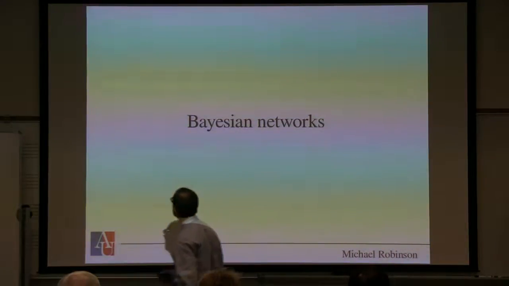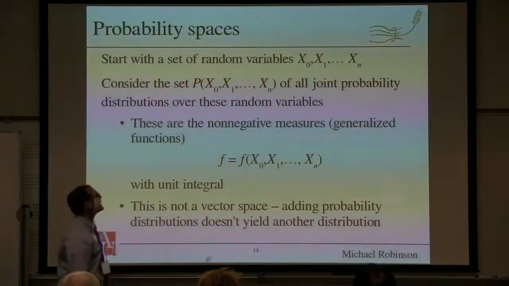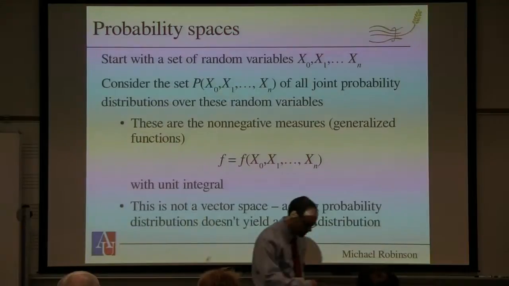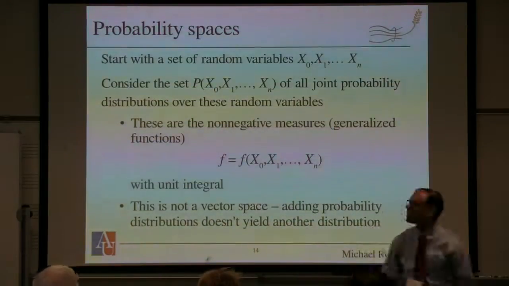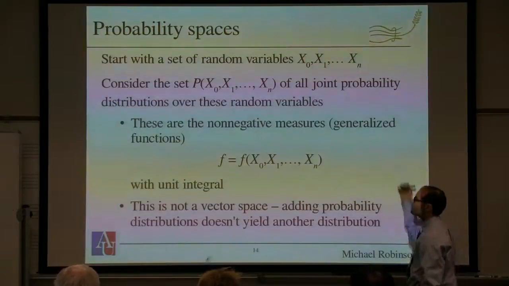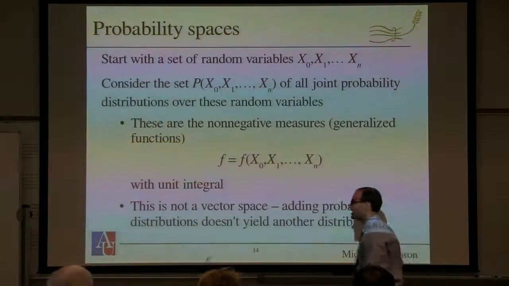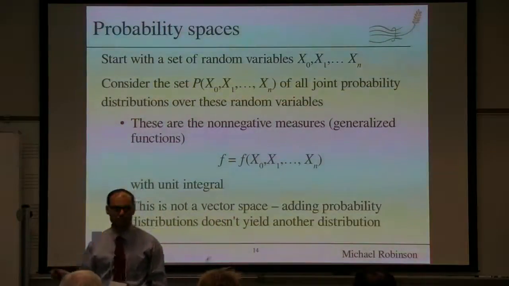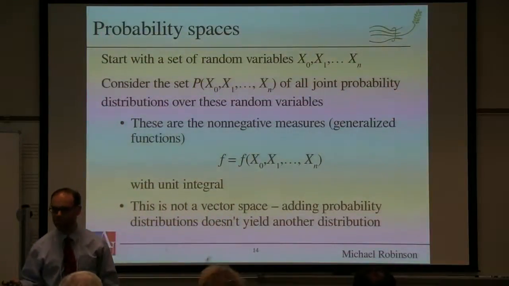That sounds pretty decent. So if I start with a set of random variables, there they are, consider the set of all joint probability distributions on this, some measure spacey kind of thing. Then I've got these non-negative measures describing probability distributions that have integral one. This is not a vector space. If I add 2 probability distributions, I do not necessarily get a probability distribution.